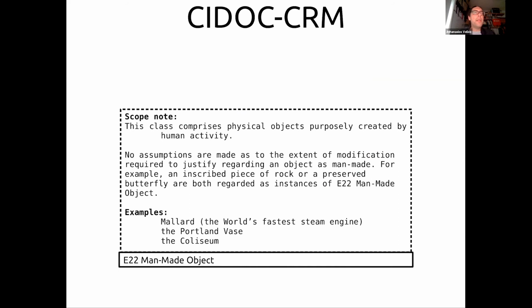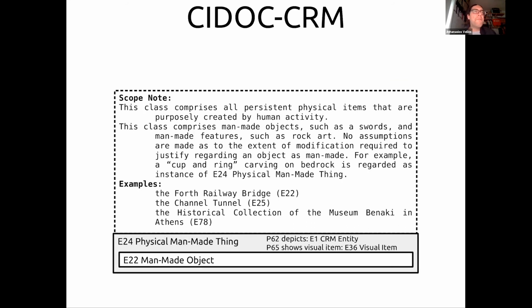Now, the CIDOC-CRM provides the kind of properties that each class can take. So the man-made object doesn't have any properties, but the physical man-made thing, which is a parent of man-made object, does. So all man-made objects are physical man-made things, but I have other things that are physical man-made things and not objects.